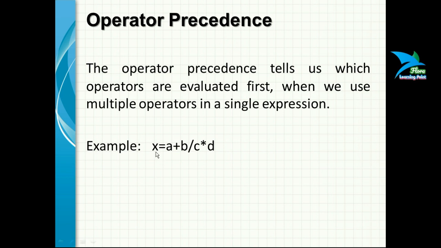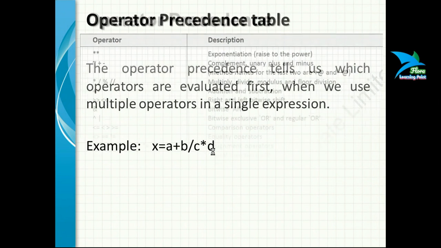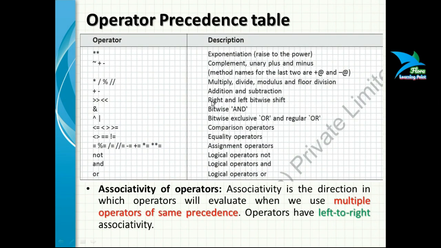For example, here we have x equal to a plus b divided by c into d. In this statement, which operator will evaluate first depends on the operator precedence, that is the priority of operator evaluation. So here we have a table that represents the precedence of operators.